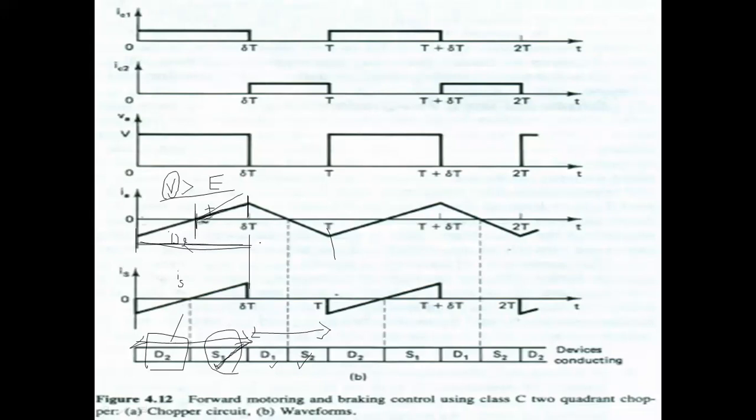Next, if you take the interval from delta T to T, again the armature current is positive and negative. The positive current is carried by D1 and the negative current is carried by S2.